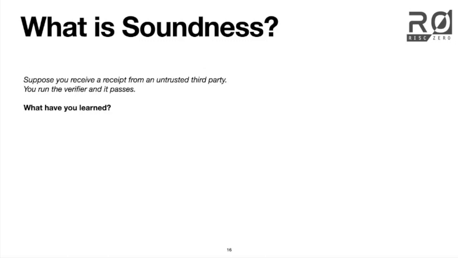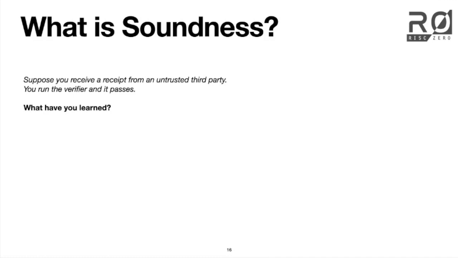So soundness is something that I've been thinking about quite a lot recently. Suppose you get a receipt from some third party that ran our zk-VM, and you run the verifier, and the verifier says, yep, the receipt checks out, everything's cool.